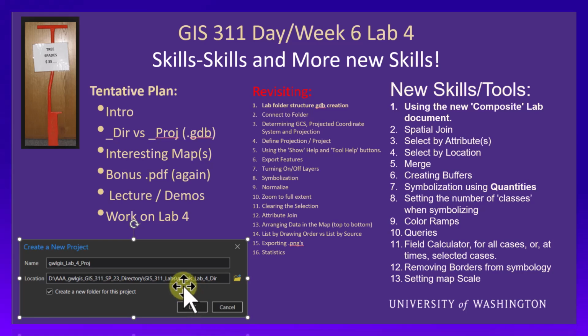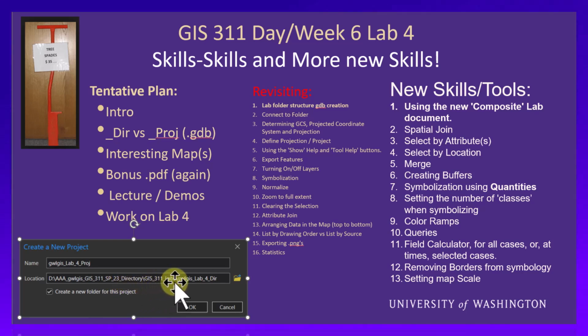You will make either in Windows or in Pro using this button right here, your user ID underscore lab underscore the number 4 underscore dir. This is your directory for lab 4. This directory folder belongs in your labs folder, which belongs in your user ID, well, AAA is what I call mine, user ID 311, the quarter, whatever that may be, the year, whatever that may be, underscore directory.